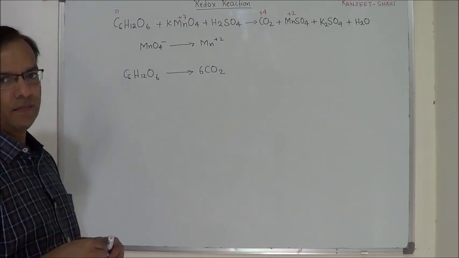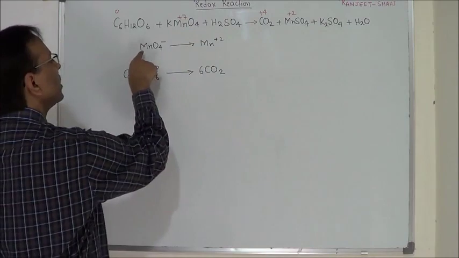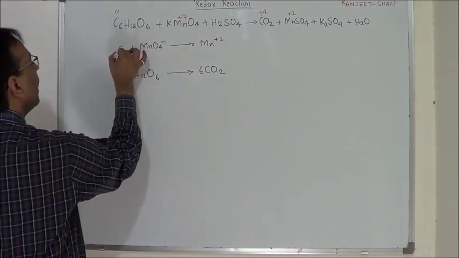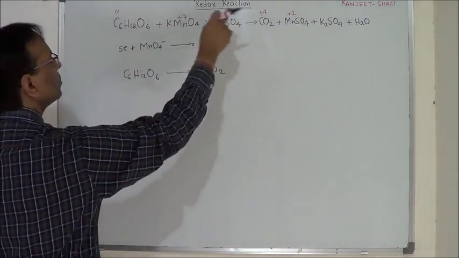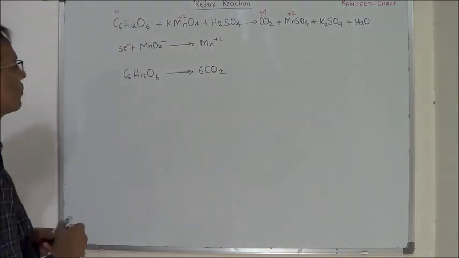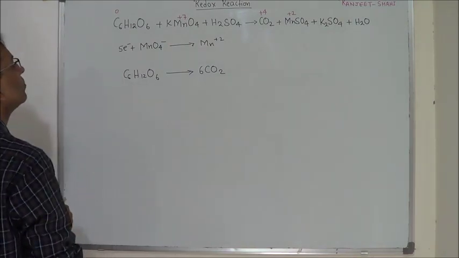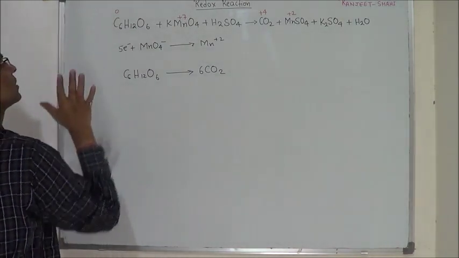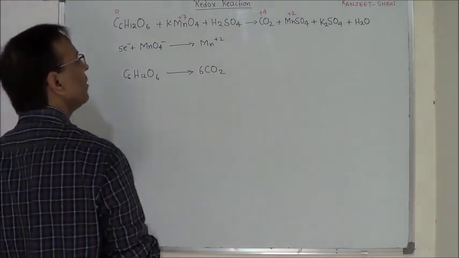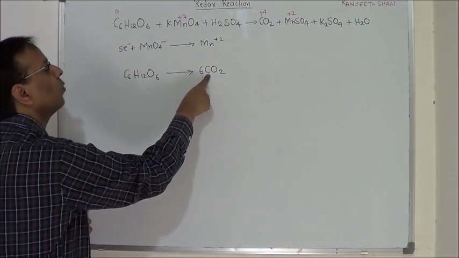Now the change in oxidation number. We have already balanced this reaction so many times: 7 to 2, so a difference of 5 electrons on the higher side. In the second reaction, we have 0 oxidation number on 6 carbon, but on the right side we have plus 4 on 1 carbon.